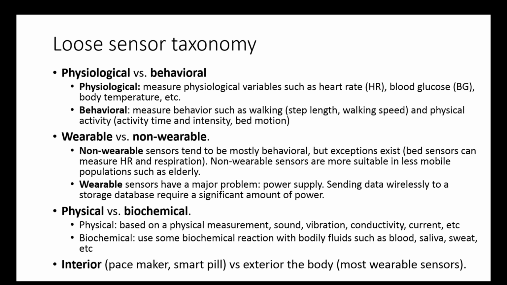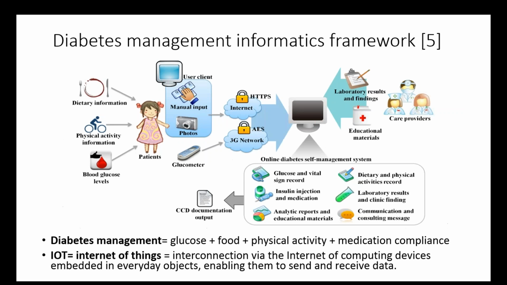So exterior, actually, is where most wearables are. And that would be the ideal thing, to have something wearable that doesn't have to stick your skin. That's where I try to stay, around this area.